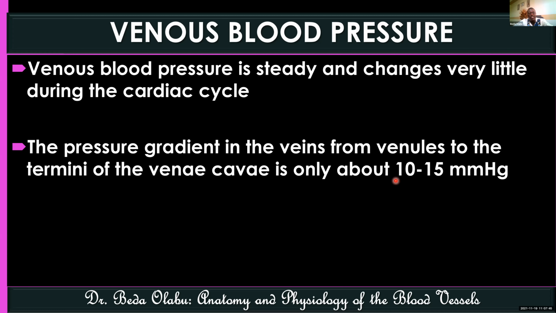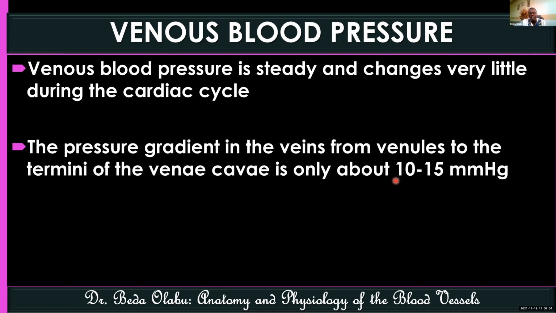And the venous end of the capillaries has about 17. If you subtract the two, the pressure gradient between the venules and the vena cava is only about 10 to 15 millimeters of mercury. This is very low.